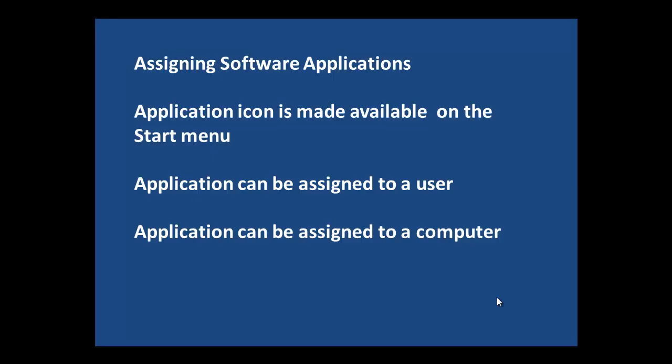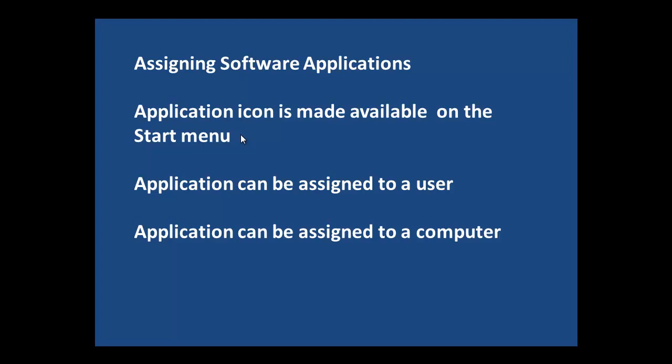Let us first look at assigning the software application. We can assign a software application both to users and to computers. When an application is assigned, the icon for that application is made available on the start menu. That is when the user logs on to the computer.